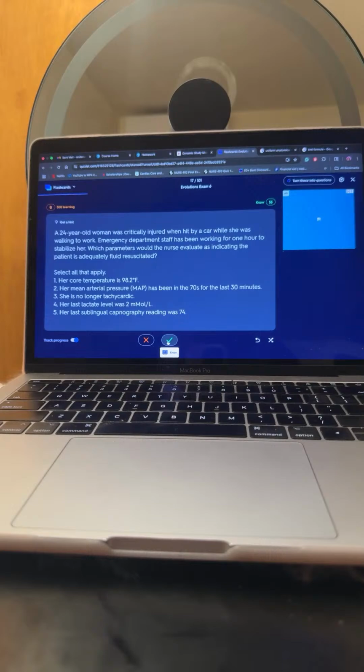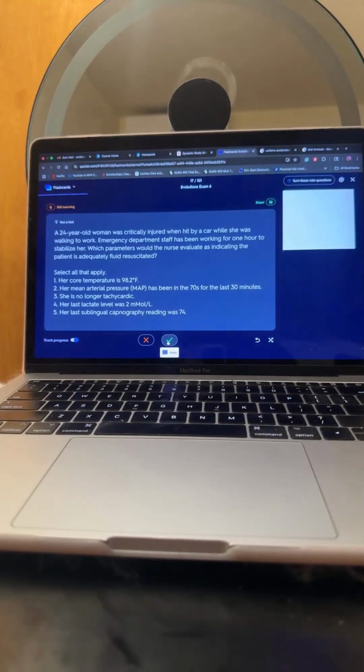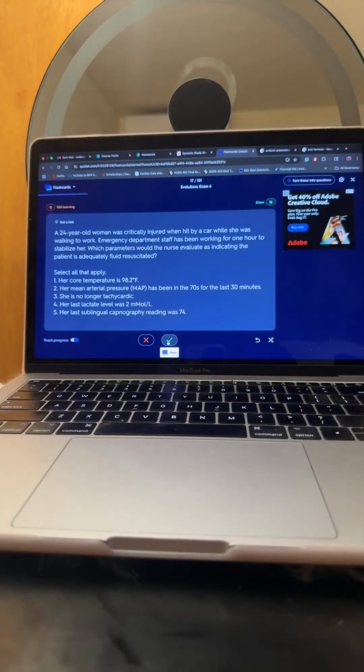So what tells us that she has had enough fluids? Her MAP in the 70s for 30 minutes, yes. No longer being tachycardic, yes. Her last lactate level being 2, yes.